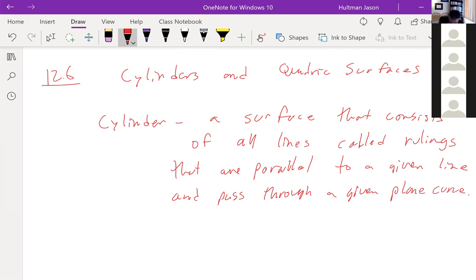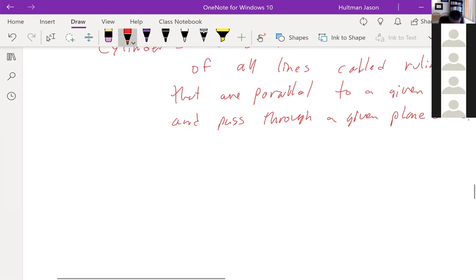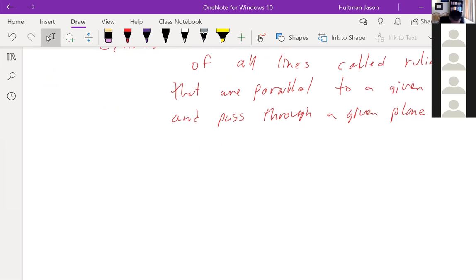Okay, so let's see what we got here. You would think that a cylinder looks like this, but that's just one type of cylinder.